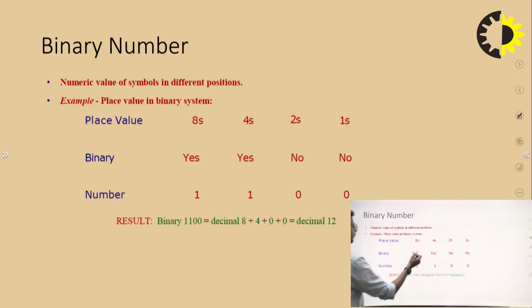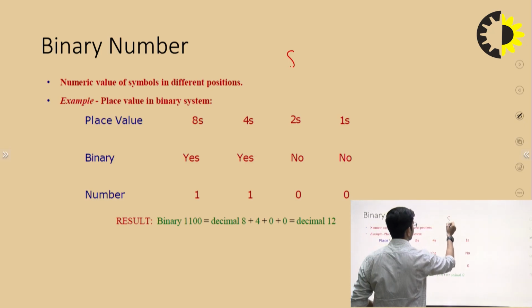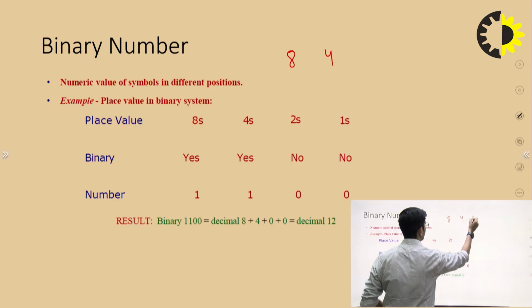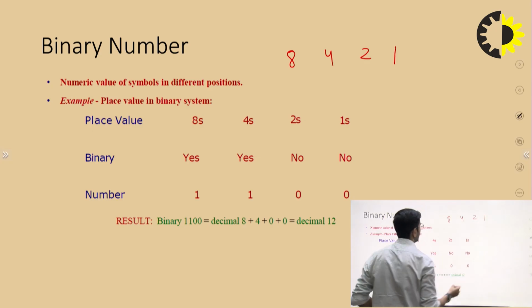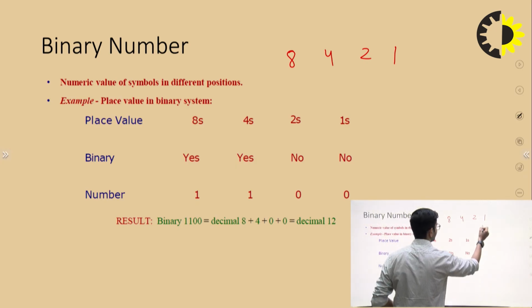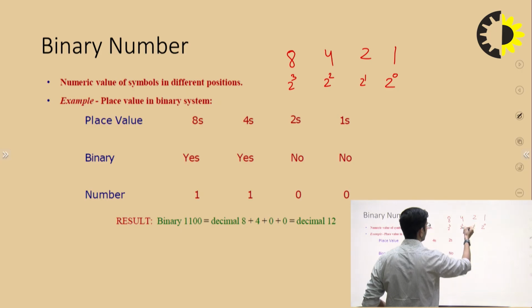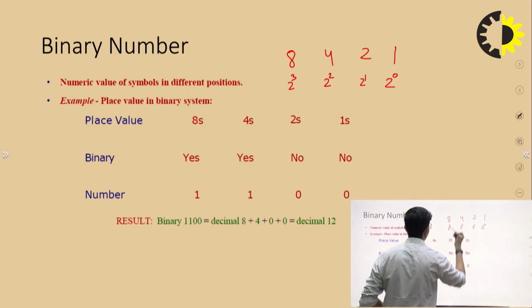So, for binary number systems, we use the weighted codes like 8, 4, 2 and 1. How do these weights come about? In digital systems, all the weights come from powers of 2, like 2 to the power 0, 2 to the power of 1, 2 to the power of 2, 2 to the power of 3. 2 to the power 0 is 1, 2 to the power of 1 is 2, 2 to the power 2 is 4, 2 to the power 3 is 8.